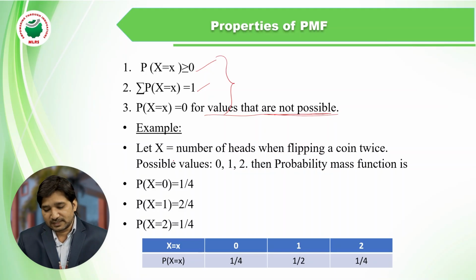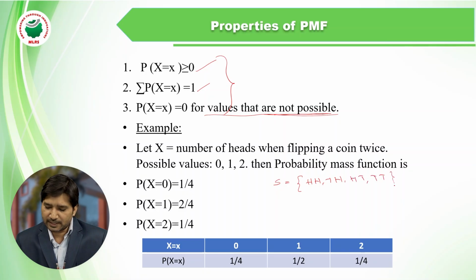Example: let X be the number of heads when flipping a coin twice. If you toss two coins, you will get the sample space HH, HT, TH, TT.